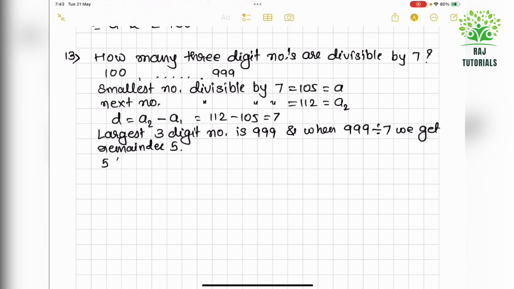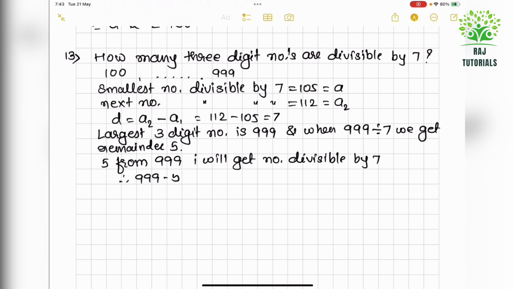So if I subtract 5 from 999, I will get a number divisible by 7. So 999 minus 5 will be equal to 994. Now if you carefully see, 994 is divisible by 7. So therefore I can say AN equal to 994.